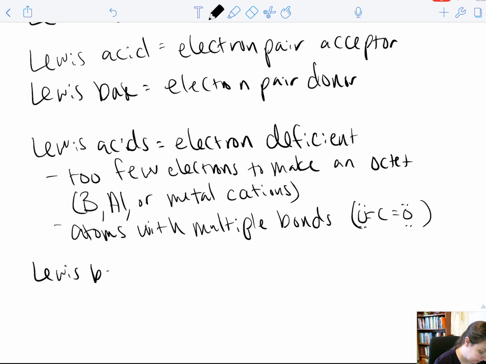Our Lewis bases, these are going to be electron rich.